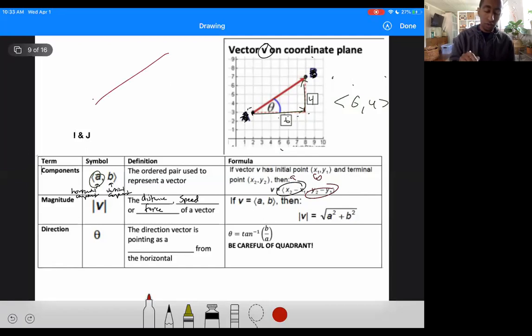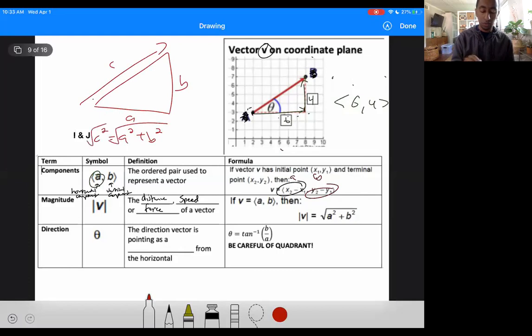Because if you have a triangle and we're saying that this is A and this is B, and we're trying to find the magnitude, this is our magnitude here, and that's C. It's just A squared plus B squared equals C squared, and then to solve that, you would just square root. So that's all this is, just the Pythagorean theorem. If you just want to do the Pythagorean theorem every time instead of thinking about a separate formula, it's really the same thing, okay?